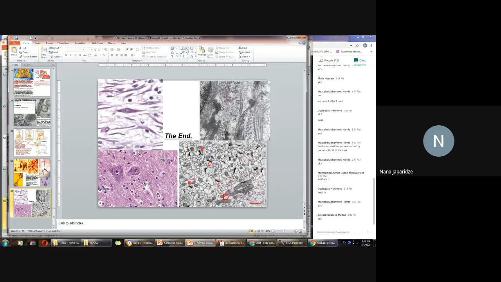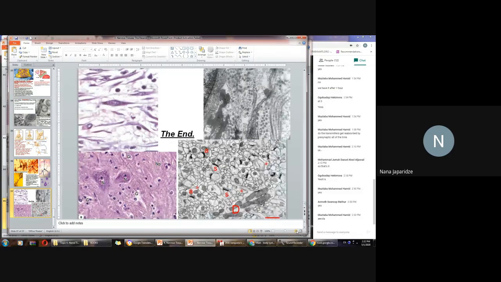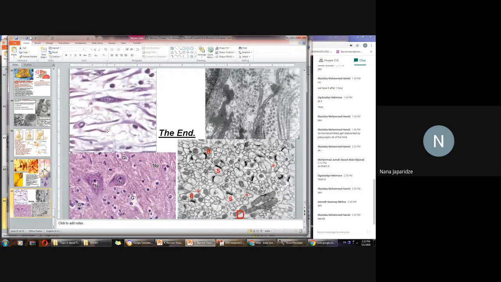Okay, and what we see here, do you remember what type of tissue this is? Yes, exactly. Loose areolar connective tissue. And what type of cells are these cells? For example, this one, or that one, or this one.